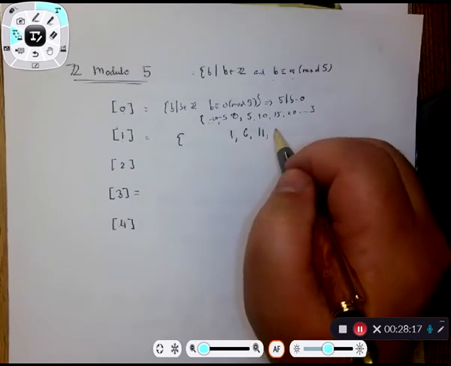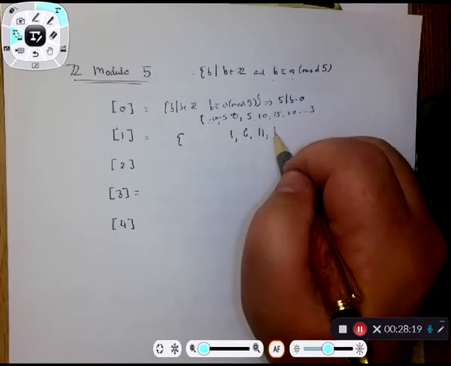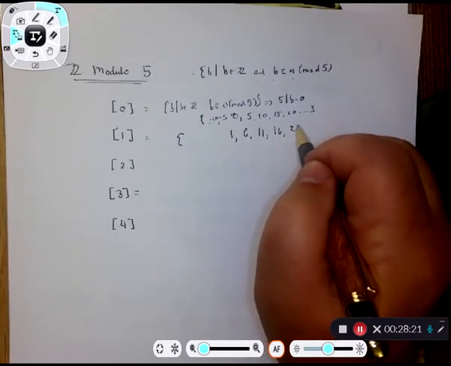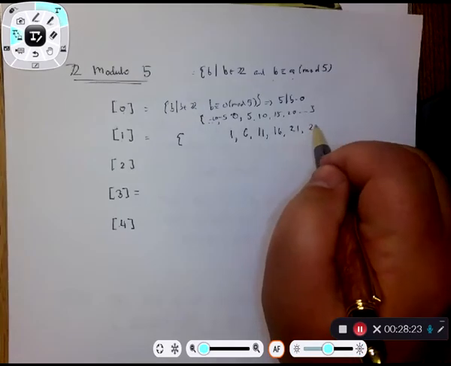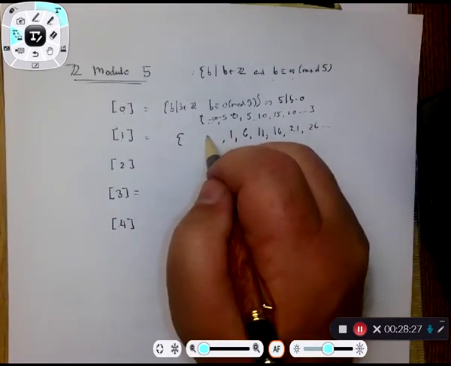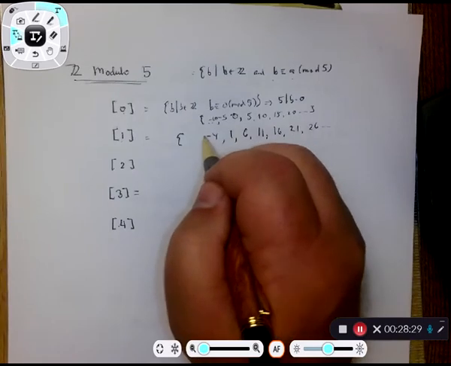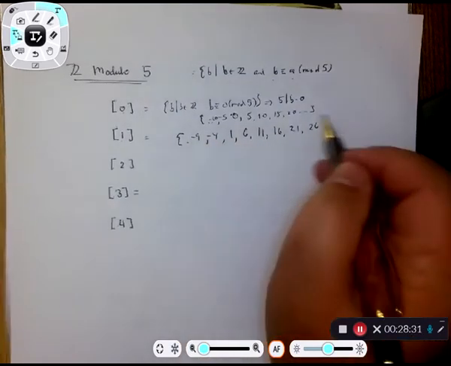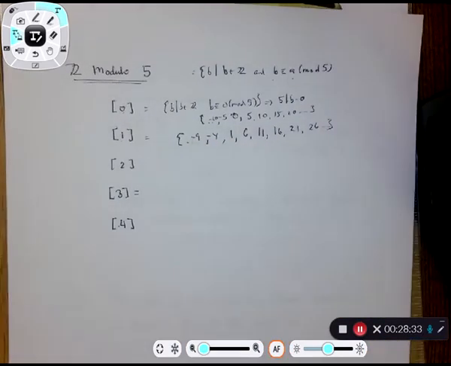The next one is going to be 16, catch the pattern, 21, 26, so forth and so on. It's also going the other direction: -4, -9, and so on. Notice what I'm doing here is really adding or subtracting 5 from each one of these.